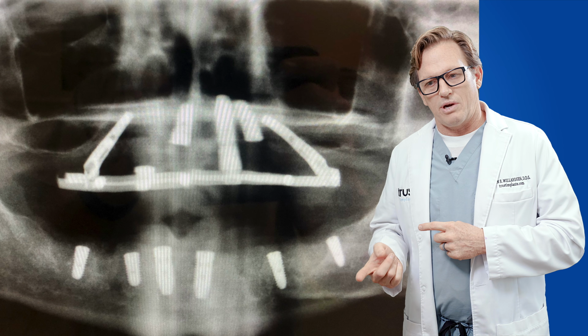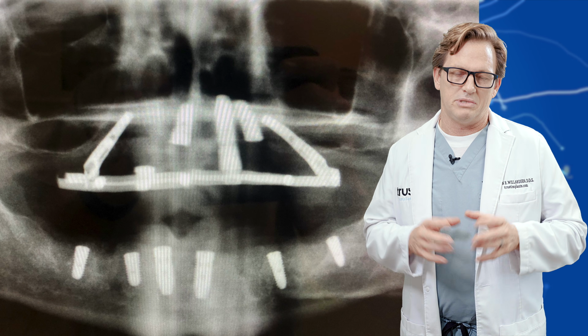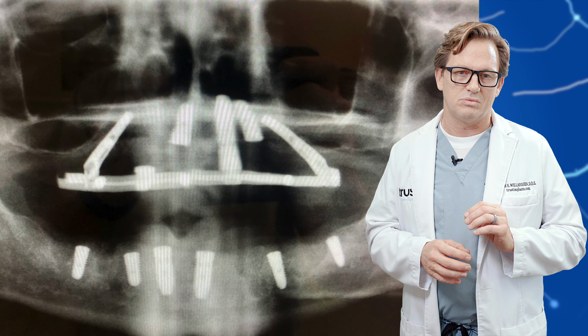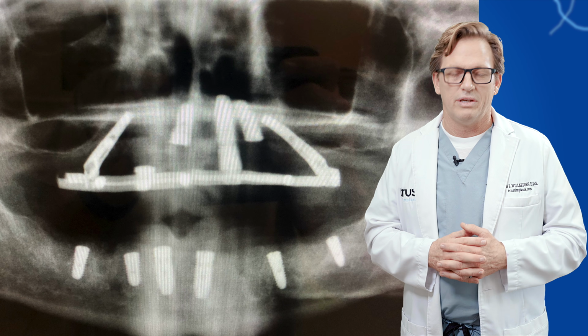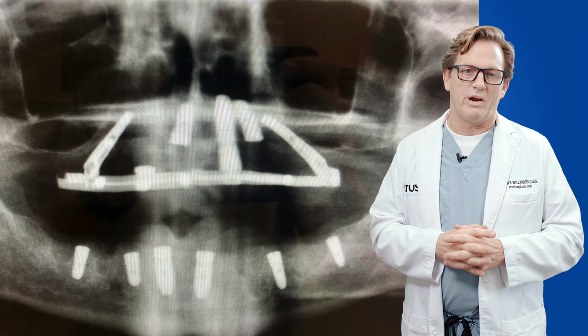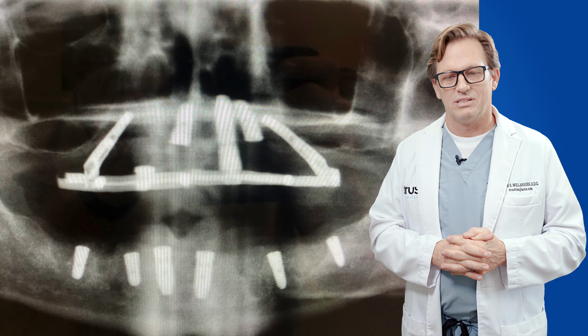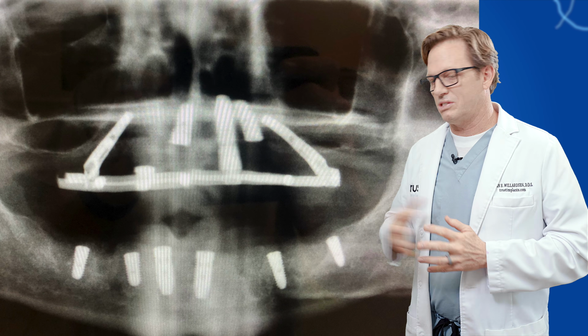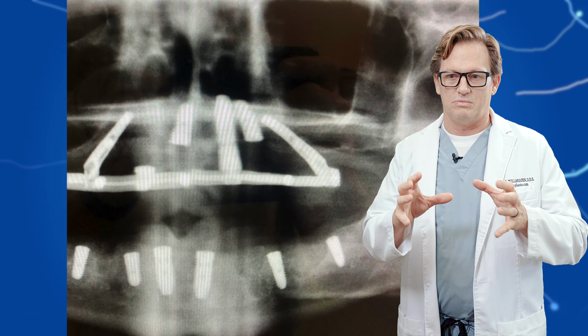And they went through that process, but unfortunately, the materials that the doctor used were not great. And so as a result, a few years later, they ended up back in my chair where they were having to redo the entire case. And so this x-ray demonstrates an image of the patient who went through the process and now is going through it again.